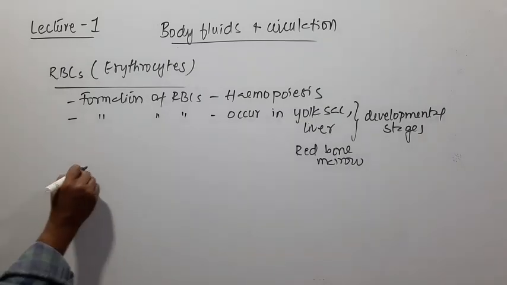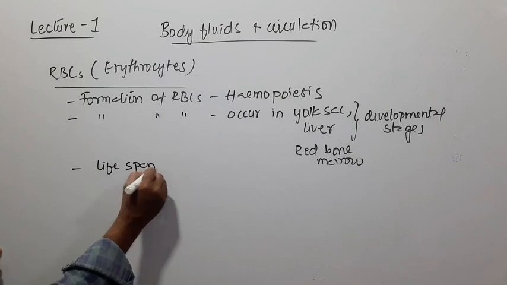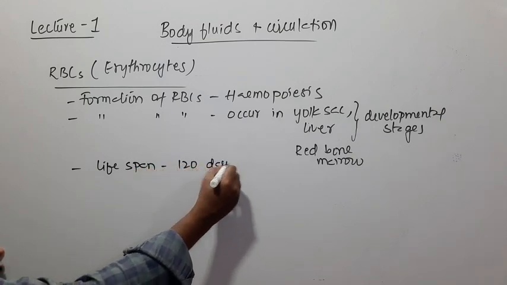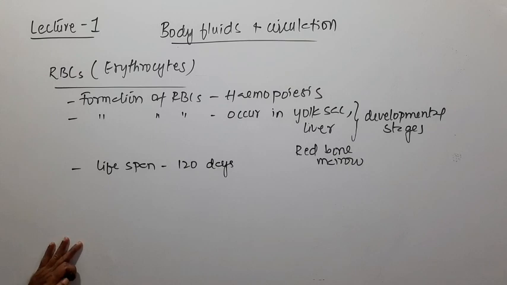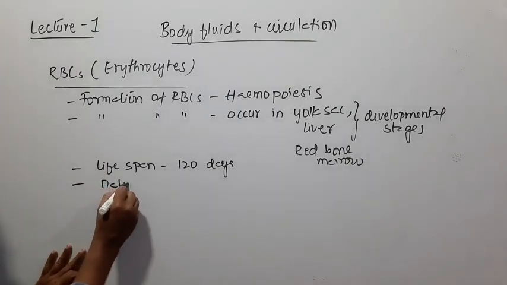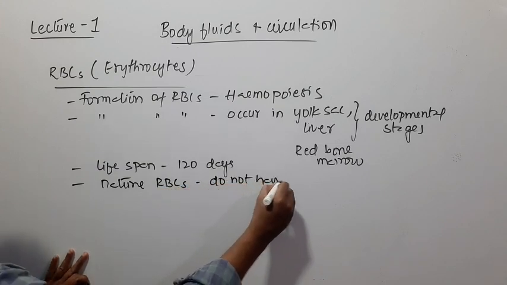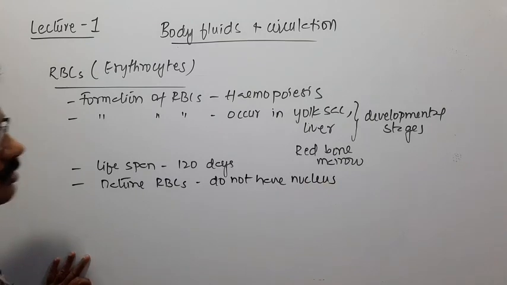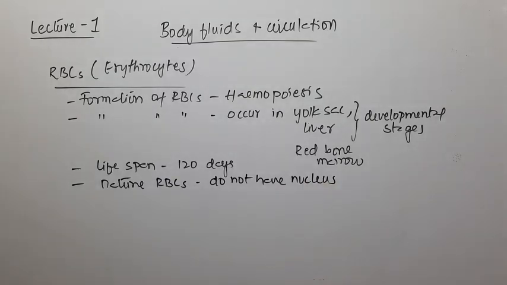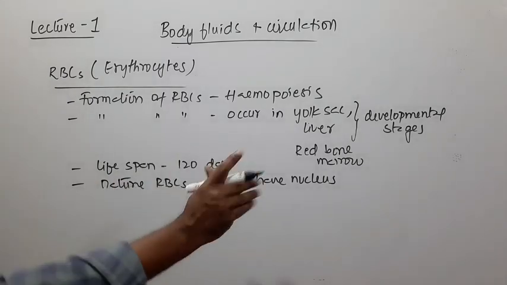Then the lifespan is around 120 days. The lifespan is 120 days, and these mature RBCs do not have a nucleus. The RBCs which are formed will have a nucleus, but during the maturation process the RBCs will completely lose the nucleus.